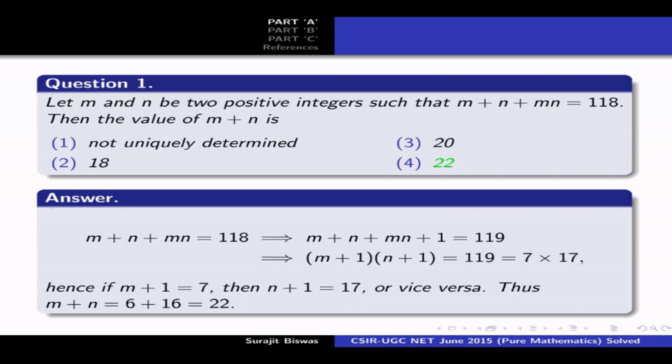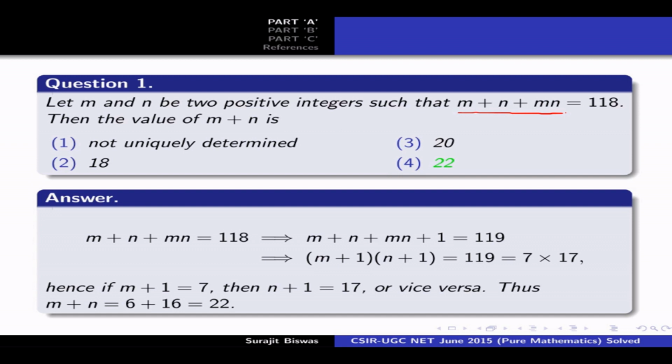Part A, the first problem: let m and n be two positive integers such that m plus n times n equal to 118. Then the value of m plus n is, we have four options. To get the value of m plus n, we observe that if we add 1 to the left hand side of the given equality, then we can factorize.